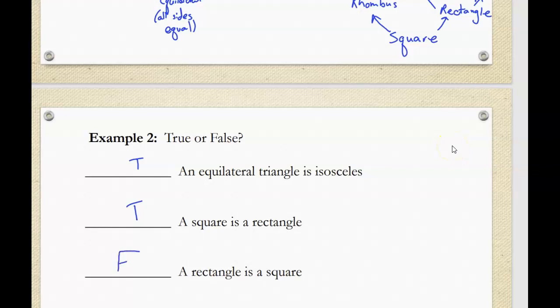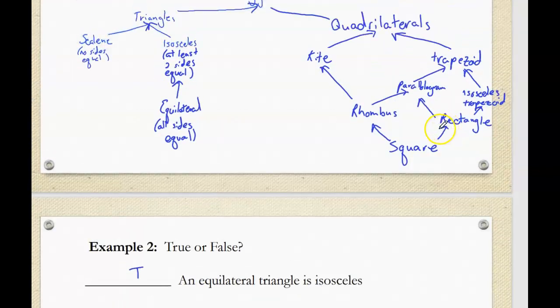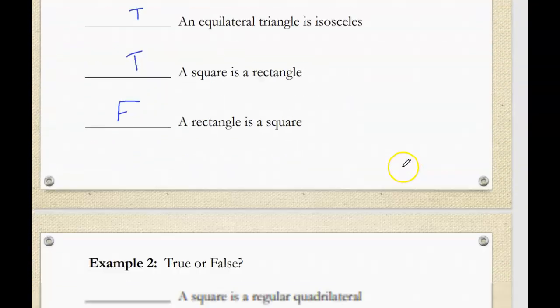So that's going to be false. A square is a regular quadrilateral. Well, a square is a quadrilateral, and a regular polygon, remember a regular polygon has all interior angles being the exact same, so yes, that's true.